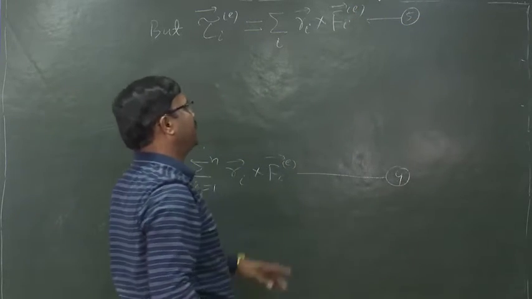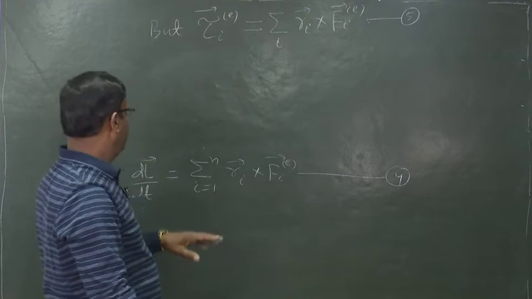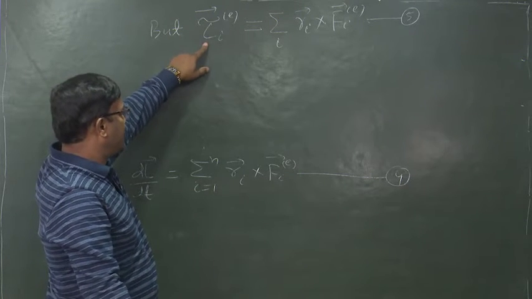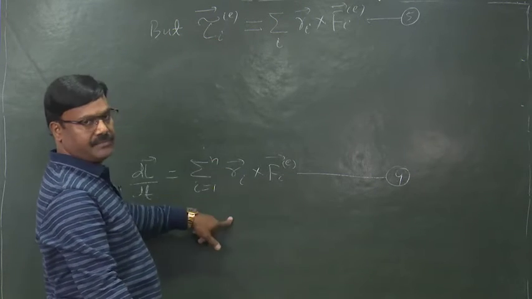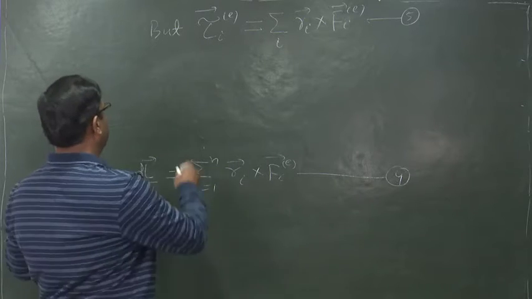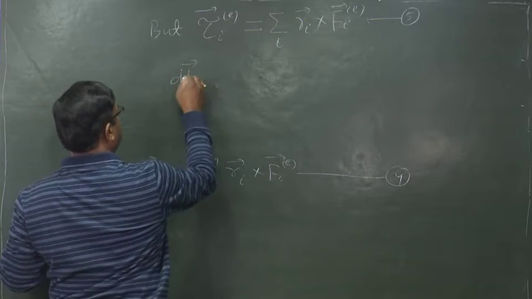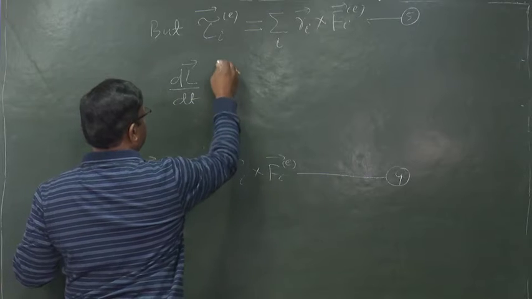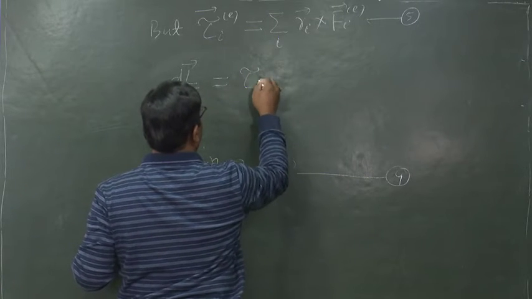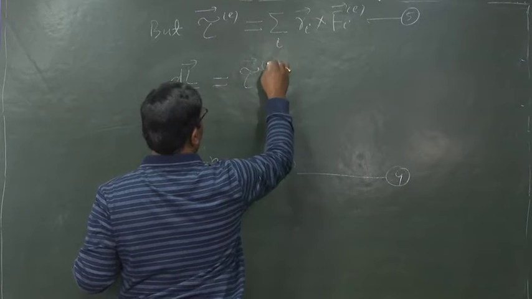Let this be termed as equation 5. Now, comparing equations 4 and 5, we can write dL/dt is equal to tau external.